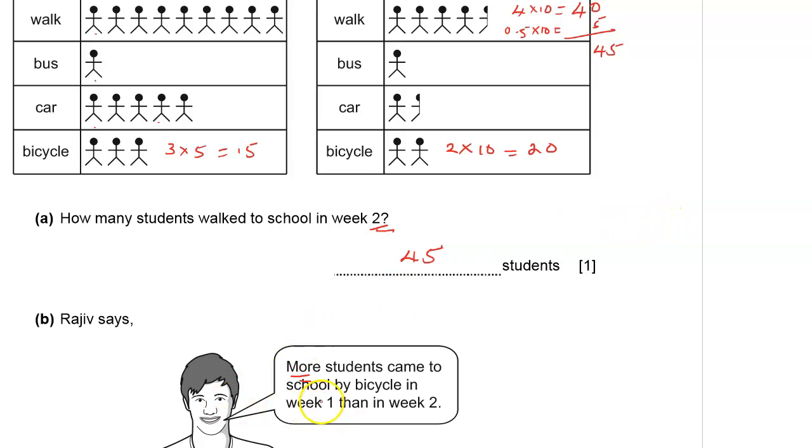And therefore, Rajiv saying that more students in week 1 than in week 2 cycled to school is not correct.